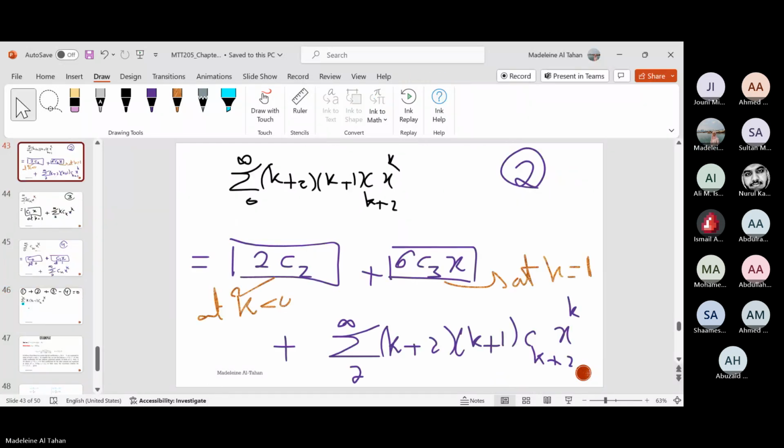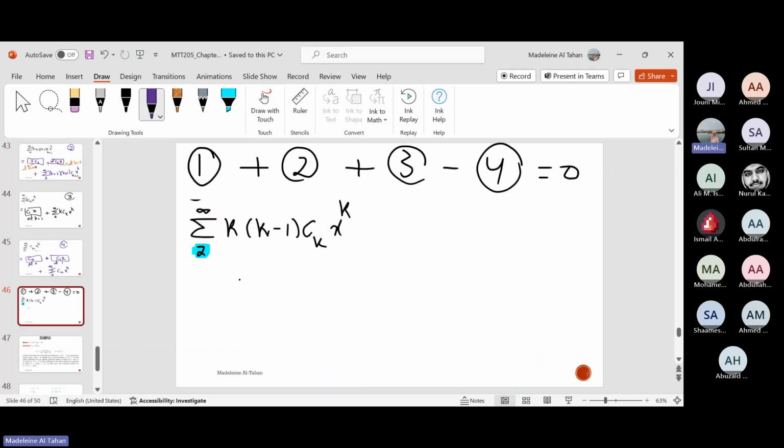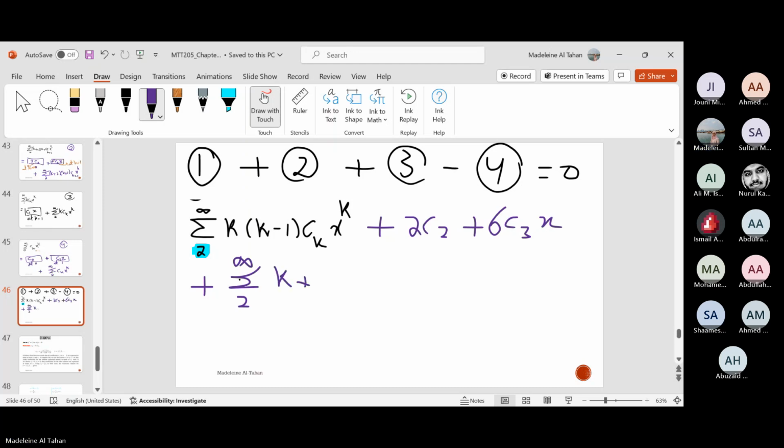Series 2, what was it? 2C2 plus 6C3X plus sigma from 2 to infinity of (K plus 2)(K plus 1) C(K plus 2) XK.